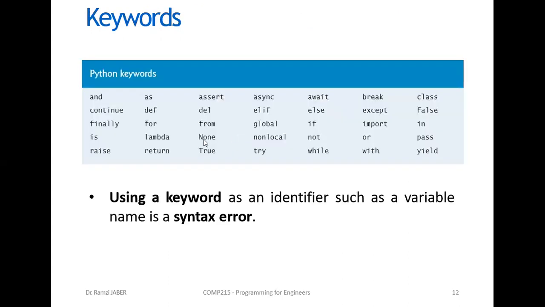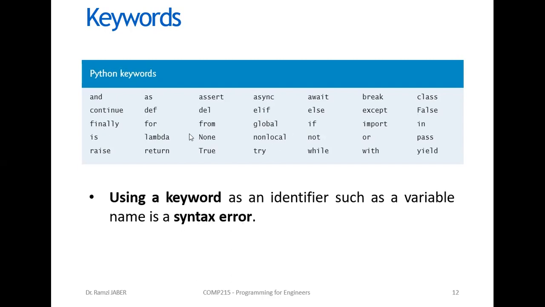Now, like C or C++ or Java or any programming language, Python has something called keywords. Keywords means if you use one of these words, the interpreter gives you an error. You cannot use None, True, try, elif, as, and so on.